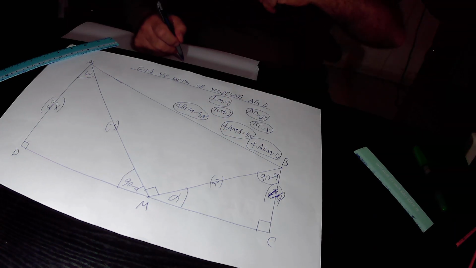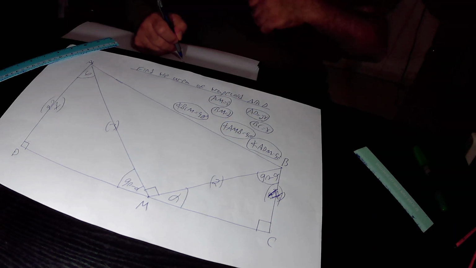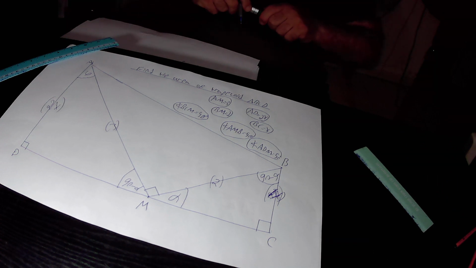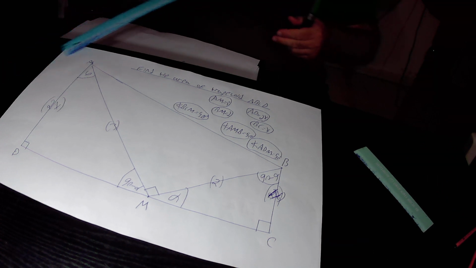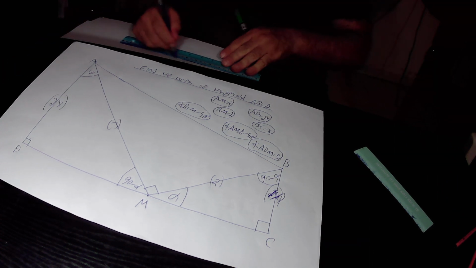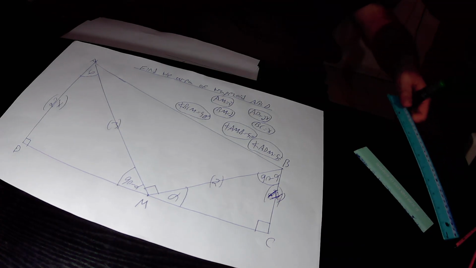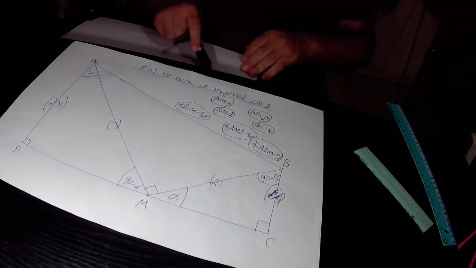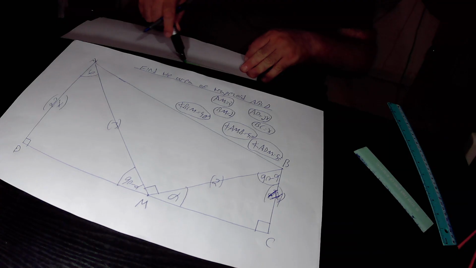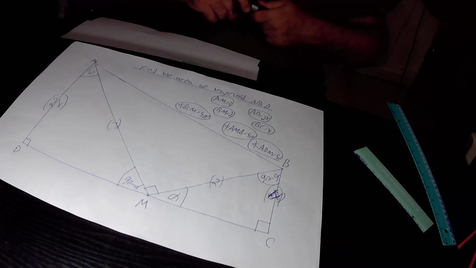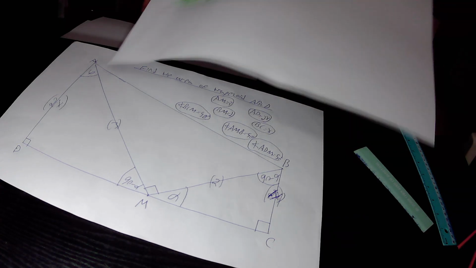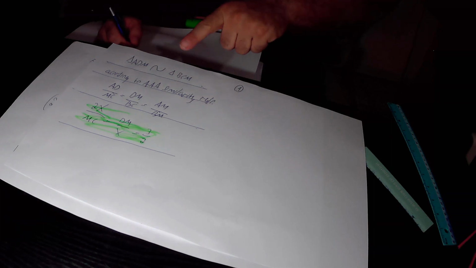BM is 2, also given in the question. So in total, we find that 2x over MC equals DM over x equals 3/2.